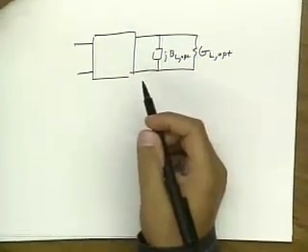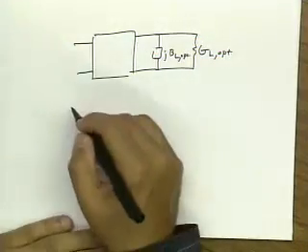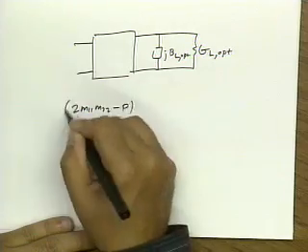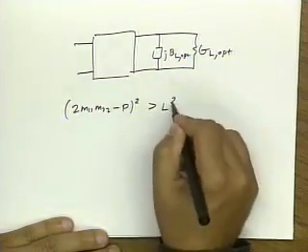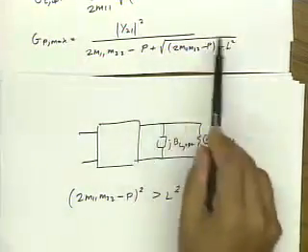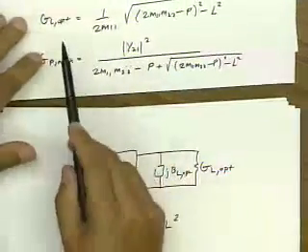Okay, so let's come back to this condition. I want this to be positive. In other words, I want 2 M11 M22 minus P squared to be bigger than L squared. This has to be positive because it is really related to the real part of GL.